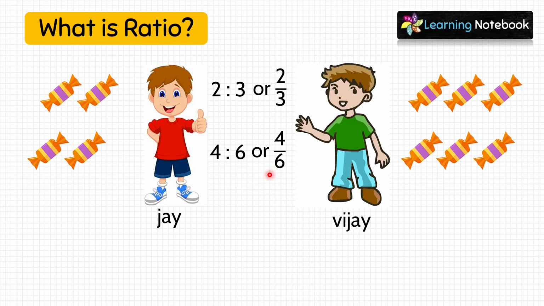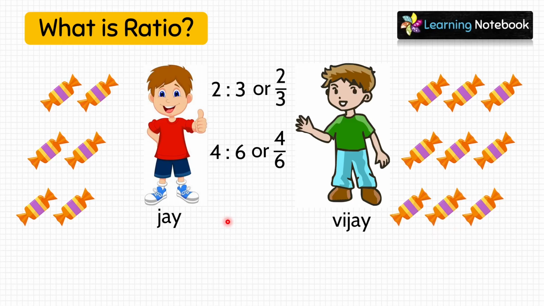Now next day again the mother gave 2 more chocolates to Jay and 3 more chocolates to Vijay. So now both of them have got how many chocolates? Jay has got 6 chocolates and Vijay has got 9 chocolates. So what is the ratio now? Yes, the ratio has become 6:9 or 6/9.